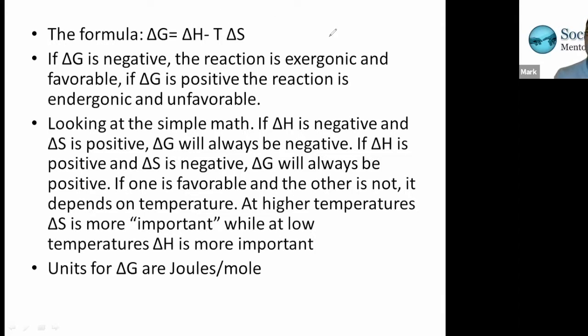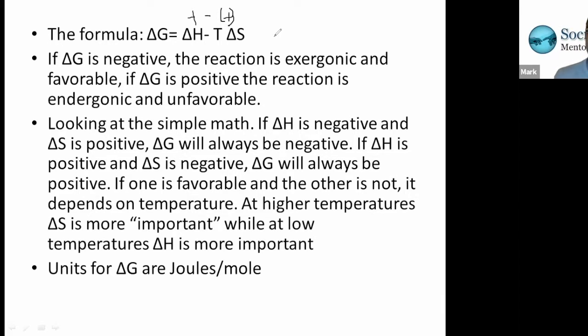The problem comes in when delta H is positive, minus T times delta S, and S is also positive. T we know is positive, so it's a positive number minus a positive number. Well, that depends. 5 minus 3 would still be positive. 5 minus 10 would be negative.